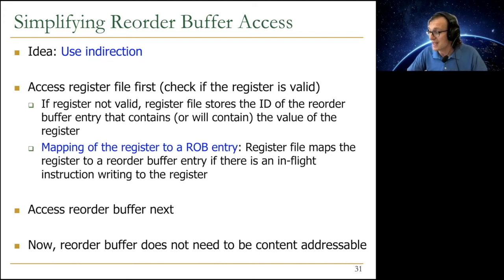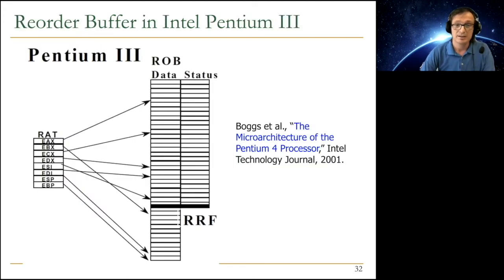So let's take a look at that basically. Actually, this is used in Pentium 3. This is real. They call it a register alias table. Basically, this is actually a mapping table. This basically tells you where the register exists. This is register 0 or EAX in x86 terminology.